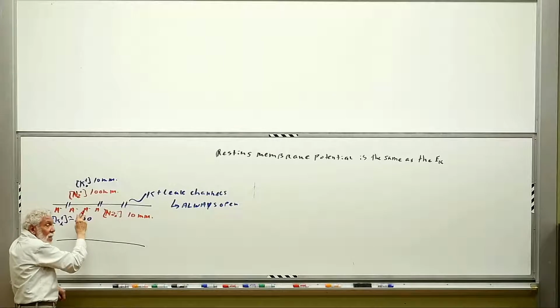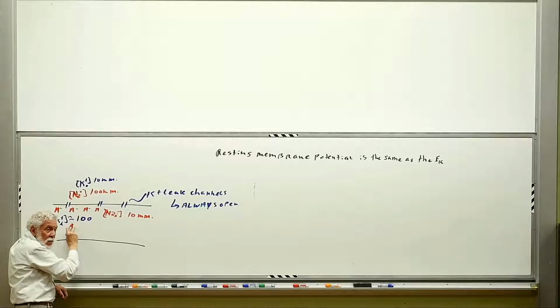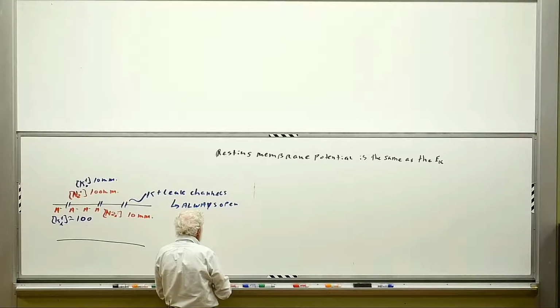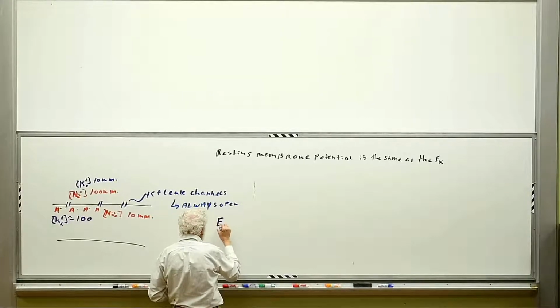But then that movement will be held in check by the negative charge on the anion, holding those potassium ions in place. And that then created an equilibrium, which we said was the equilibrium potential, EK, for potassium.